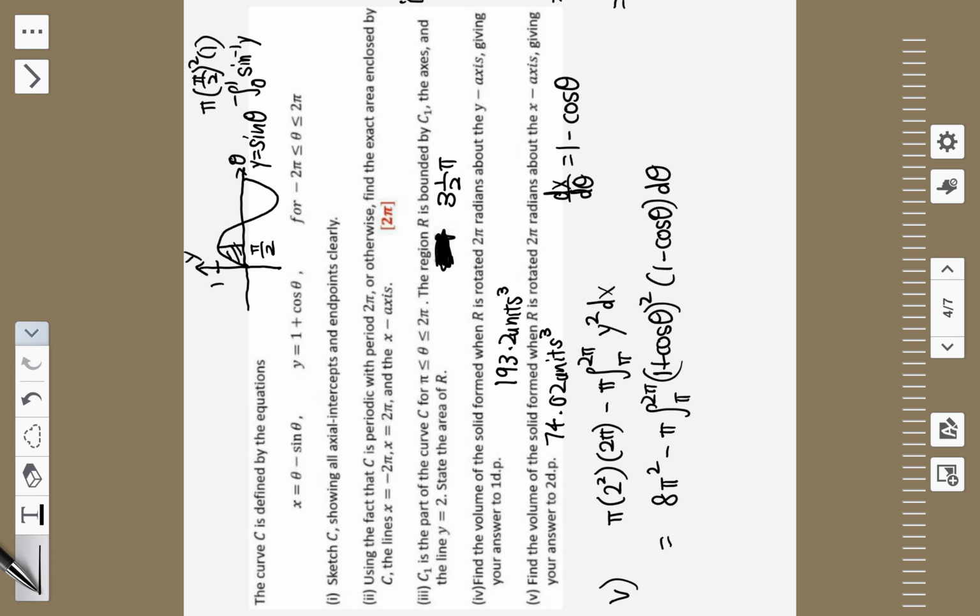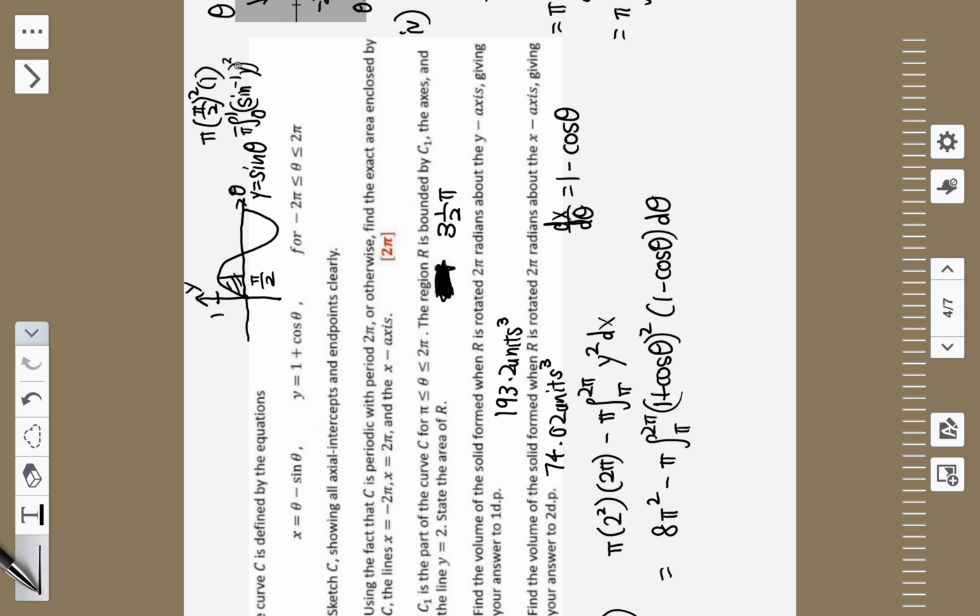Okay, that is a problem, because if I need to use sine inverse y, then you are going to get this problem with d theta, and we don't know how to integrate something like this.